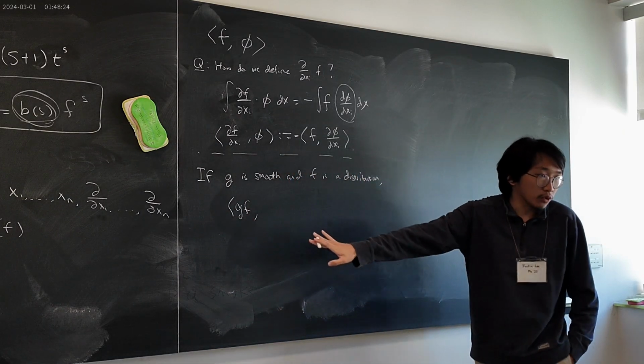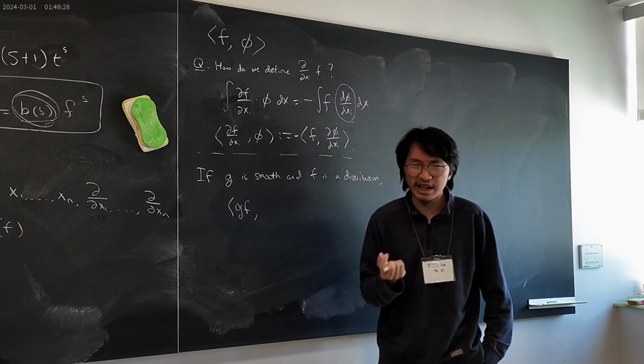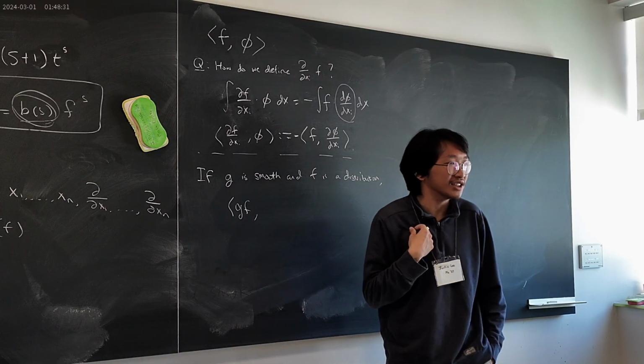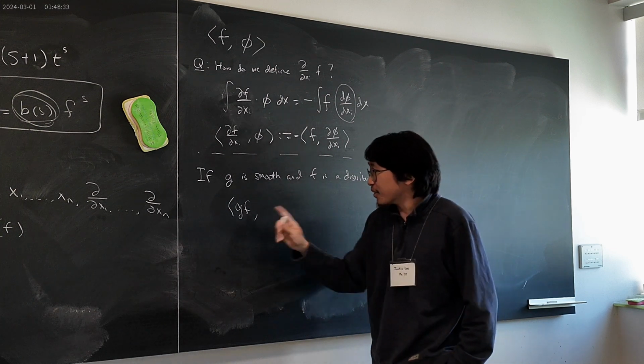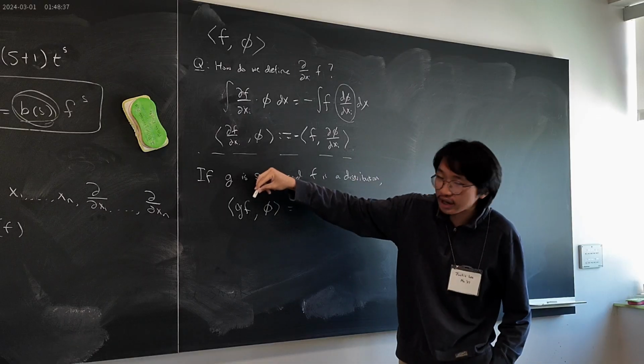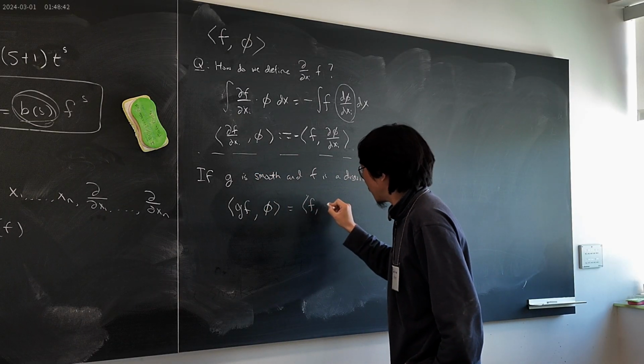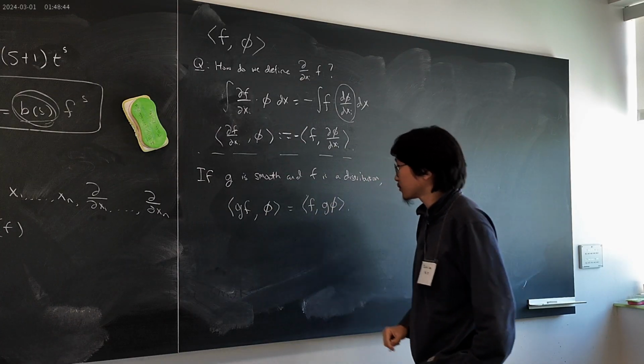This is not something that will work in a more general setting. The product of distributions is not defined in general. For example, it doesn't make sense to me what the square of the Dirac delta function is. But if we do have a smooth function, then we can define this by the integral of g times f times phi. So that's going to be the same as f applied to g phi.